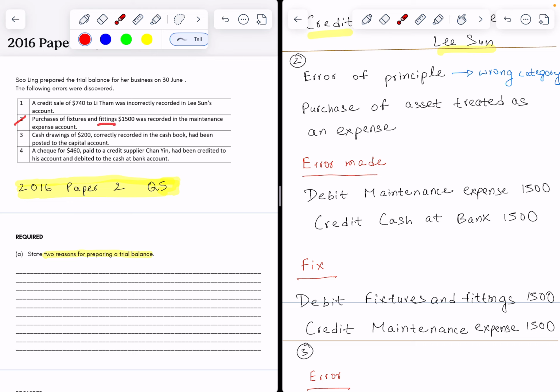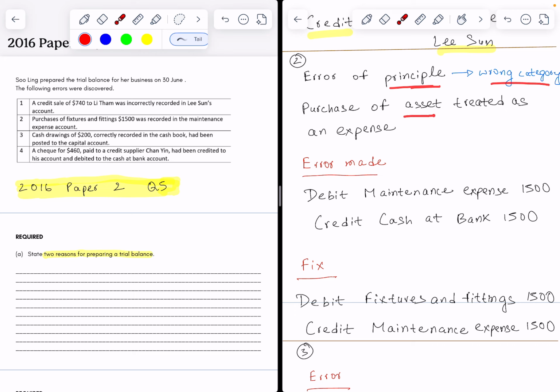Purchase of fixtures and fittings, $1,500 was recorded in the maintenance expense account. All right, so this is what we classify as an error of principle. And the reason we call this an error of principle is because the error has been made within the fundamentals, where the wrong categories are involved.